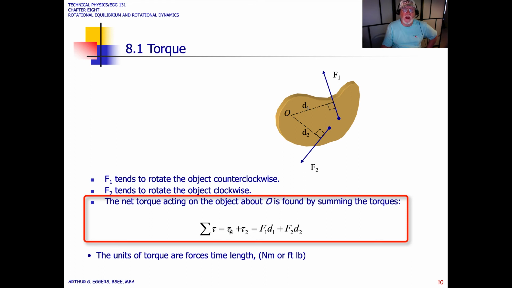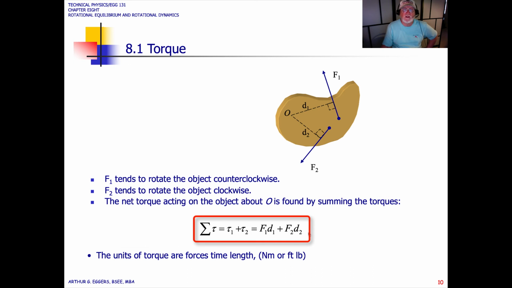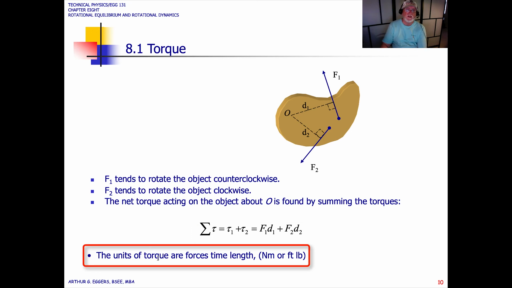In this case, tau 1 and tau 2 are summed together: F1 times distance 1 plus F2 times distance 2. The units of torque are force times length, and we're back to Newton meters, or a kilogram meter squared per second squared, because that's really a mass times acceleration relationship, or a foot-pound.